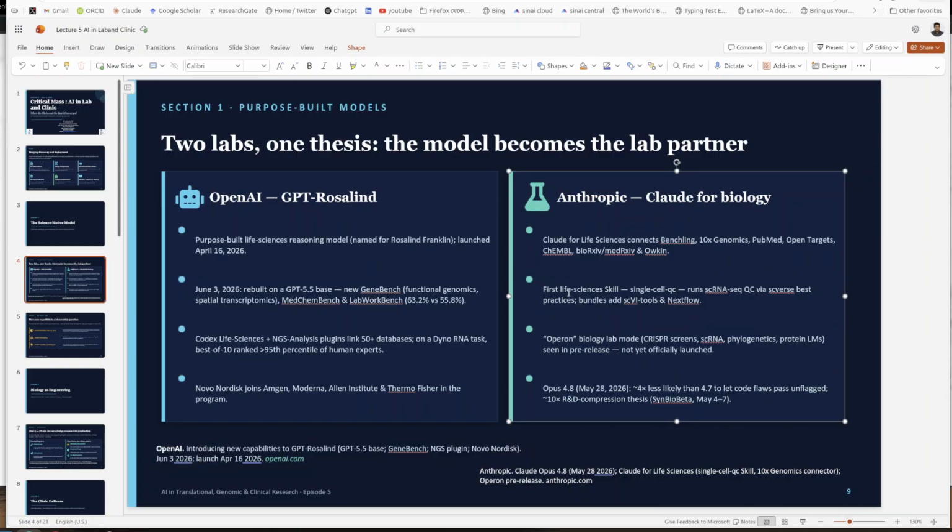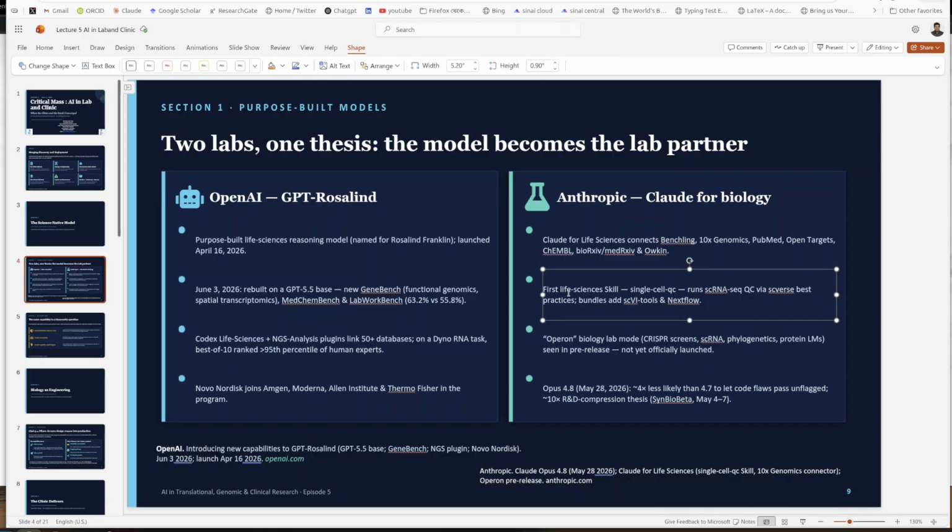Anthropic. Right now, after the recent fundraising, Anthropic has a valuation of $965 billion, so they are going toward $1 trillion, and they are investing heavily in this. So if I go through in here, in this area, Claude for Life Sciences connects Benchling, 10x Genomics, PubMed, Open Targets, and others.